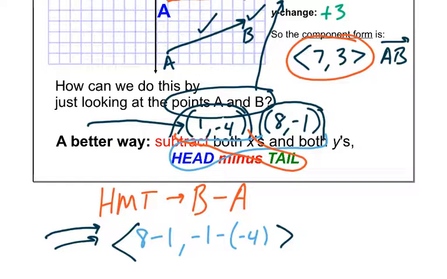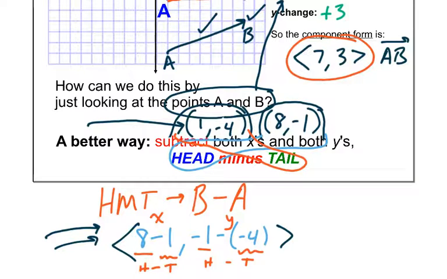All right. So I basically took the head point, and again, the head point was 8, comma, -1, and subtracting the tail point. Tail and tail. So head minus tail and head minus tail. Okay. And overall, these are x's and these are y's.